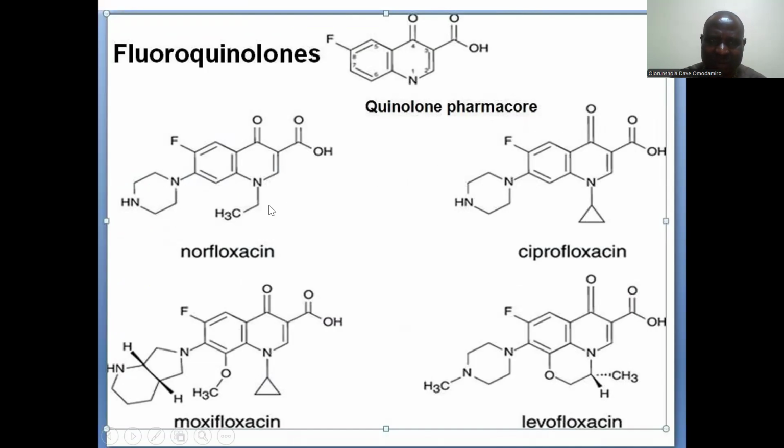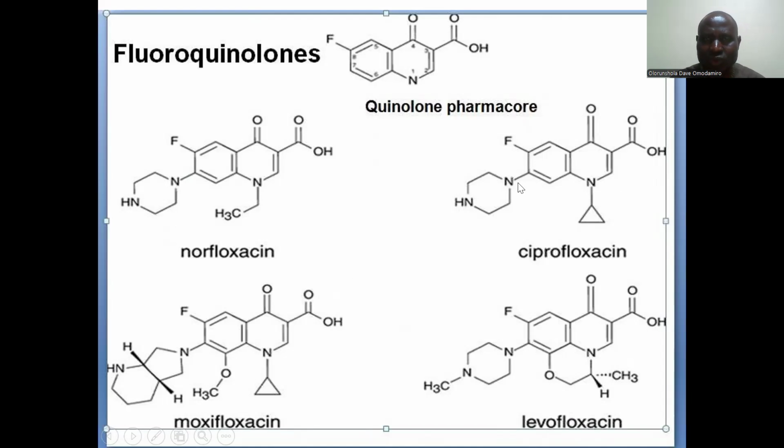This is the basic structure of quinolone with two rings attached with a hydroxyl group and an oxygen group. This is the structure of norfloxacin. This is the structure of ciprofloxacin, this is moxifloxacin, and also levofloxacin. Of course, most of them are named with the suffix floxacin.